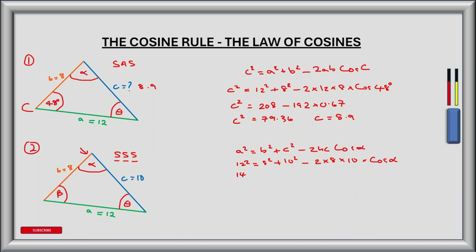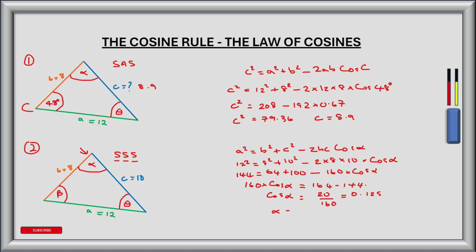That's 144 is equal to 64 plus 100 minus 160 multiplied by cosine of alpha. So 160 times the cosine of alpha is equal to 164 minus 144. The cosine of alpha is equal to 20 divided by 160, which is equal to 0.125.